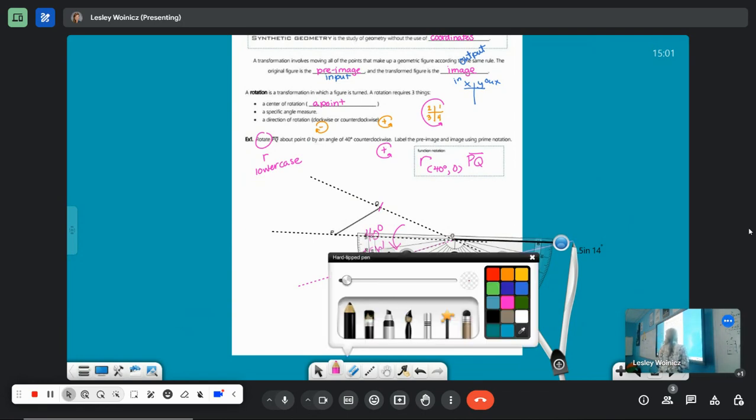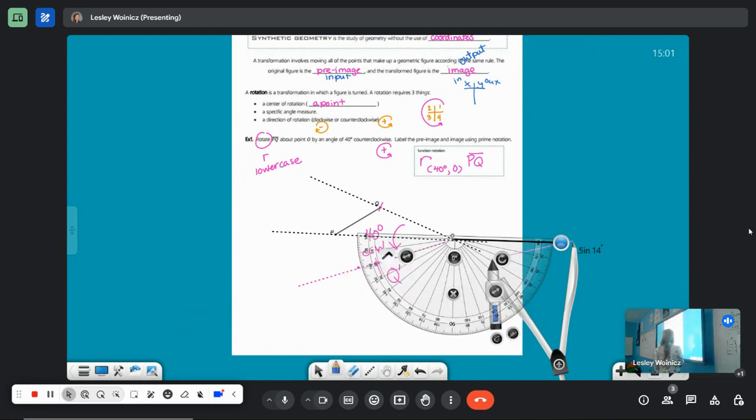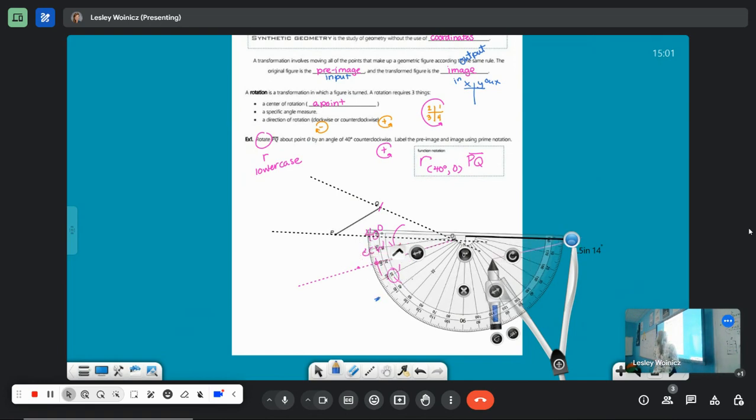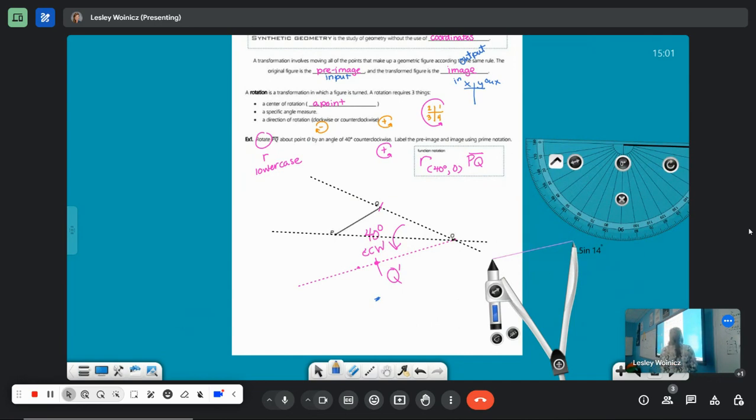Okay, now I'm going to go blue so we can tell the difference. So in the counterclockwise direction, opposite of a clock, I'm going 10, 20, 30, 40 degrees. Make a little tick. Okay, use your straight edge.